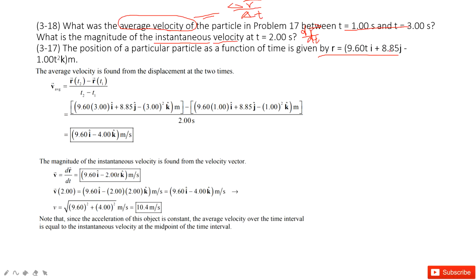And this one is a constant, so we drop it, and then look at the k component, 1 times 2 times t, so it looks like this one. Then we input the time inside, and we can find the velocity in the two components, i and k. And then we can get the magnitude of this vector, so the i component squared plus the k component squared.